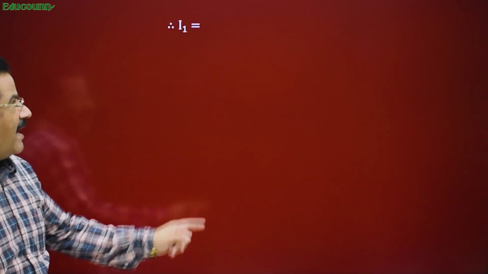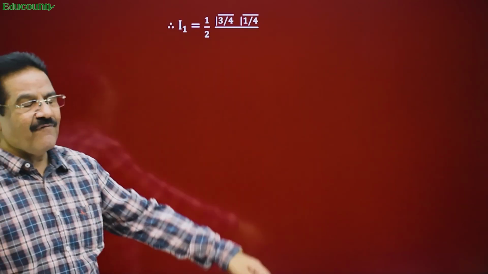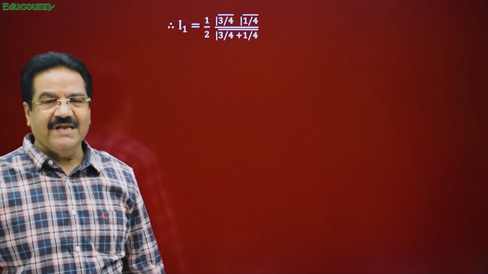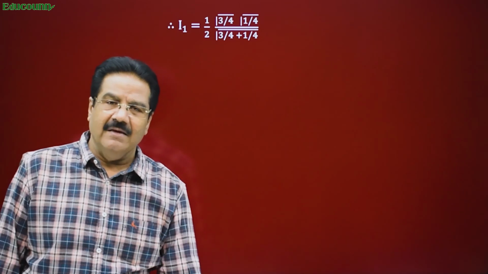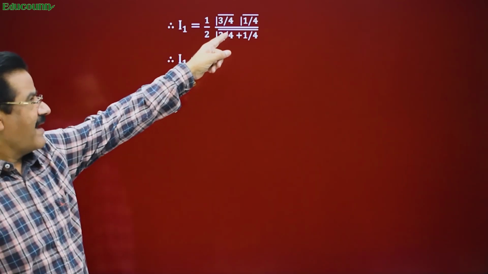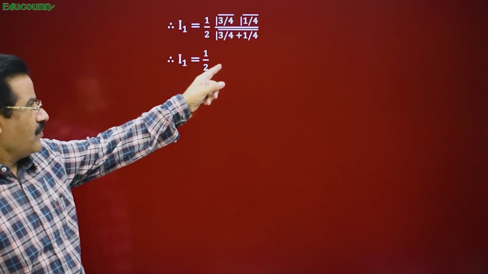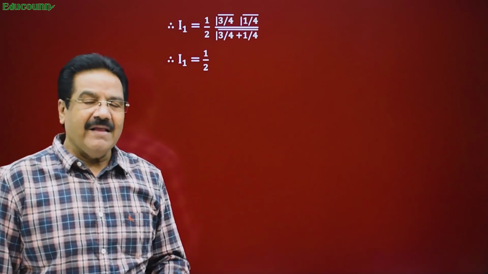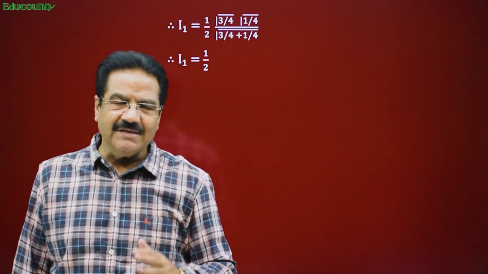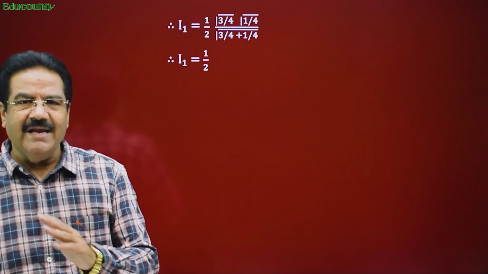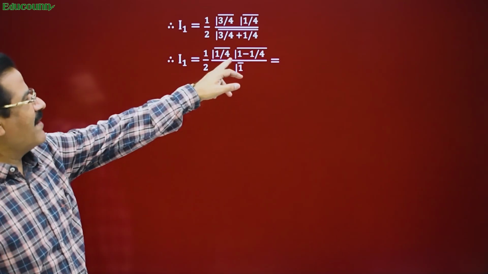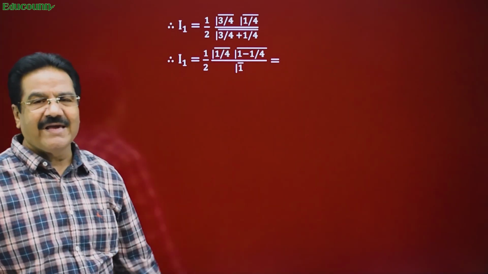So using that formula, we can write gamma 3 by 4, gamma 1 by 4 upon gamma of the addition, 1 by 4 plus 3 by 4, which becomes gamma of 1, and we know that gamma 1 is 1. For the sake of convenience, we can write 1 by 4 first. So 1 by 2, gamma 1 by 4, and 3 by 4 can be written as 1 minus 1 by 4. We are using the same concept we used in our example number 1. So gamma 1 by 4 into gamma of 1 minus 1 by 4 upon gamma 1.